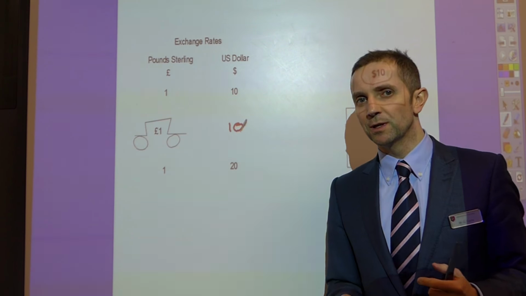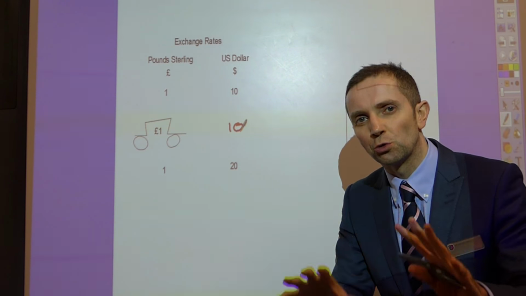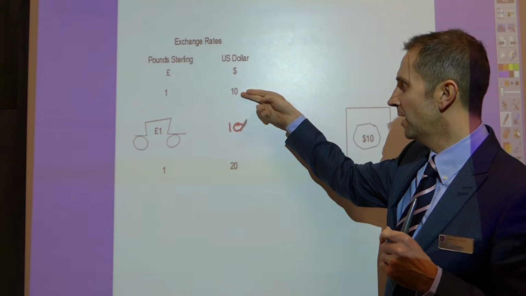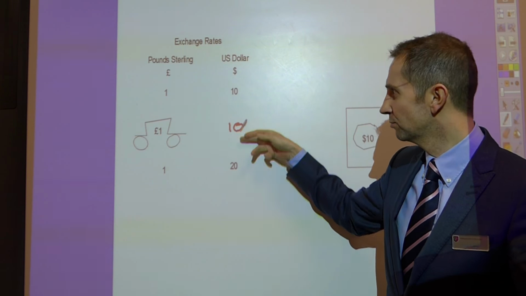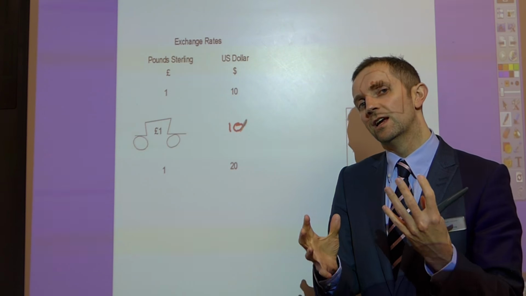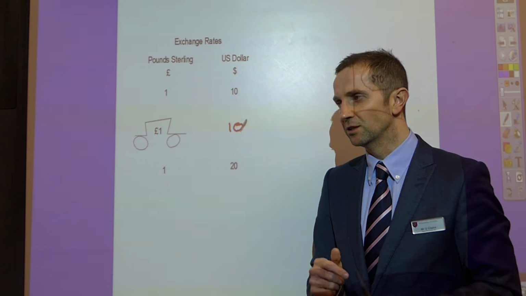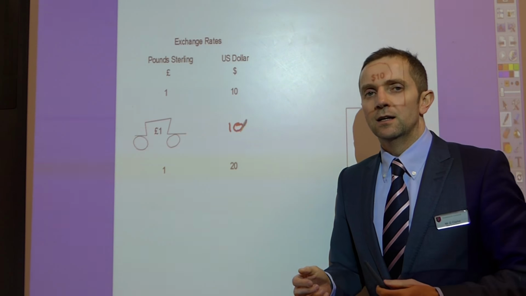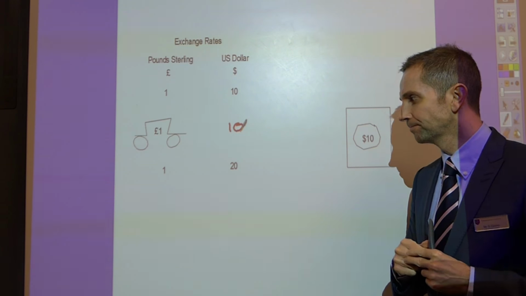Now that, ladies and gentlemen, we would be referring to the fact there that the pound has got stronger because it's buying 20 US dollars worth of goods and service rather than 10. So that's a strengthening of the pound, also known as an appreciation of the pound.